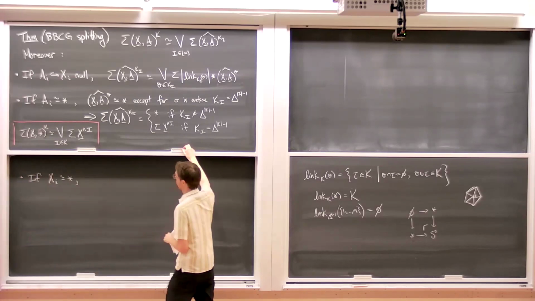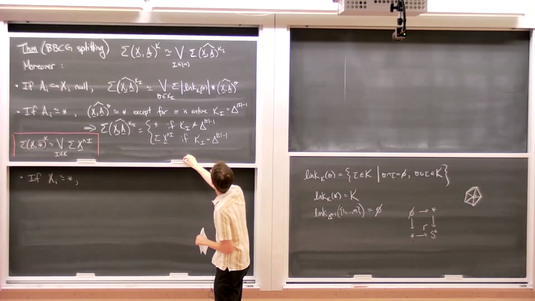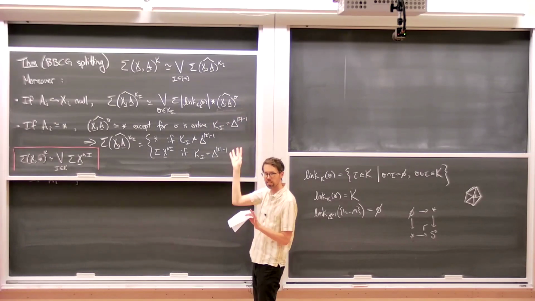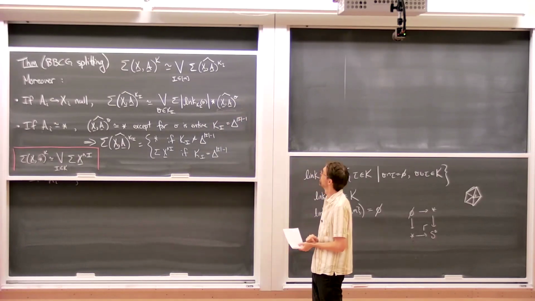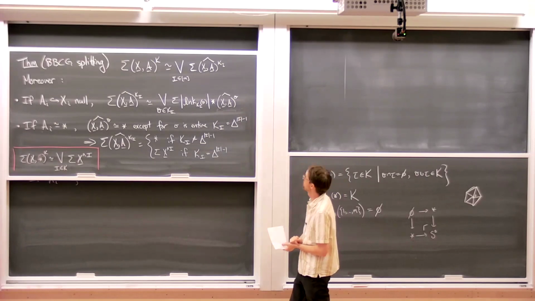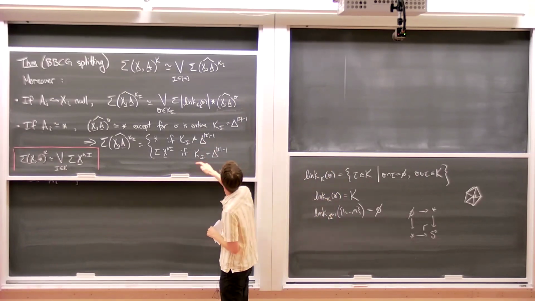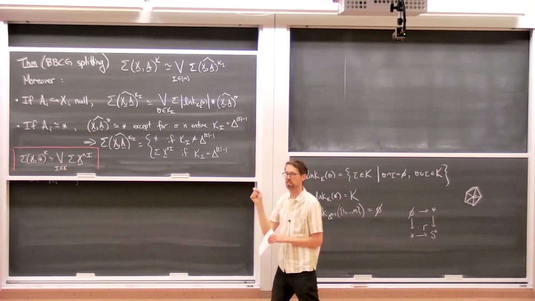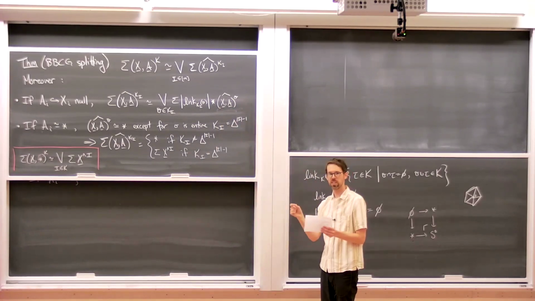Okay, so we don't want this smash to contain any X's, so that'll make everything contractible. So the only relevant pieces of this wedge are the ones where you only have A's there, but that only happens when this face is like the empty face. So when a vertex is contained in sigma, you put an X somewhere.